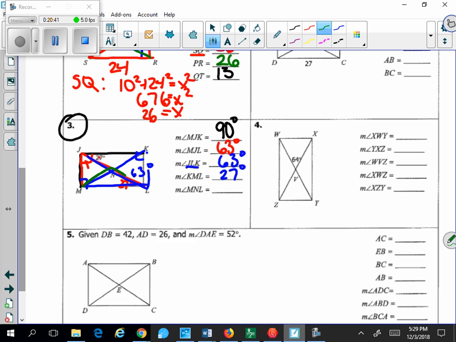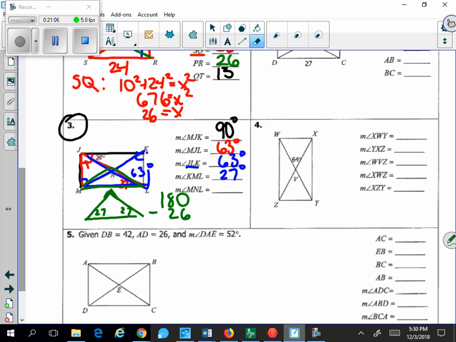This picture's getting kind of ugly now. If I pull that out, that's just a triangle. So if I said this one's 27, this one's 27, this is MNL up here. So in order to find that, I need to say, okay, 180 minus 27, minus another 27, and what you'll get is 126.